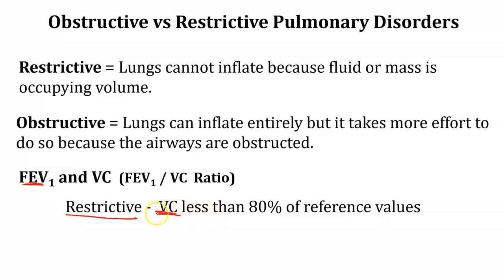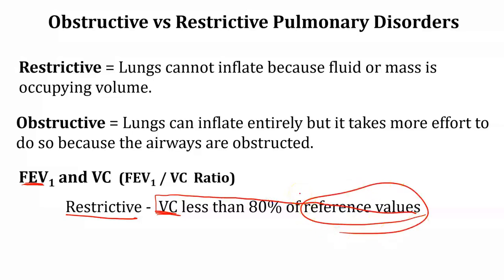So you would diagnose this generally if you just looked at reference values. There are certain reference values for what would be normal for an individual of a particular age, height, weight, and sex. So looking up those reference values, you can see if a patient's vital capacity is less than 80% of that reference value.